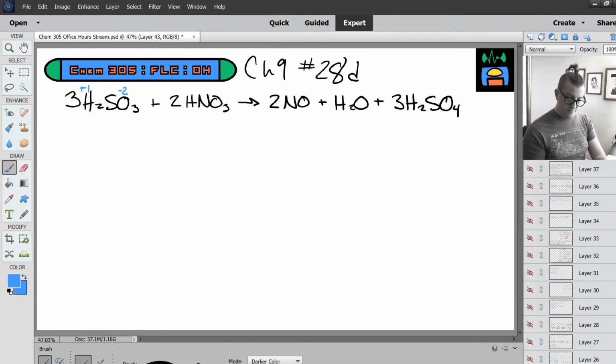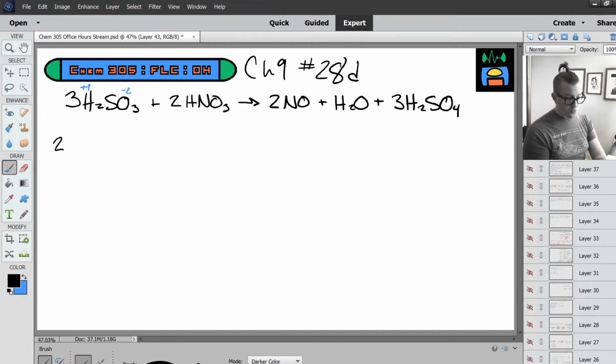Wrote these in the wrong layer. So we have +1 for hydrogen, -2 for oxygen, and then sulfur we've got to figure out.